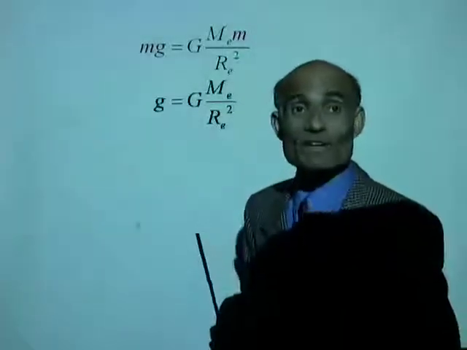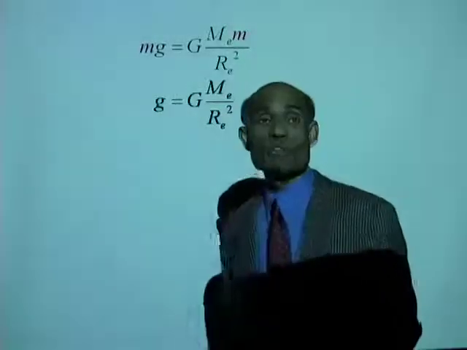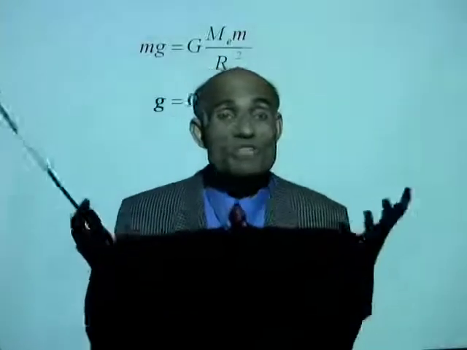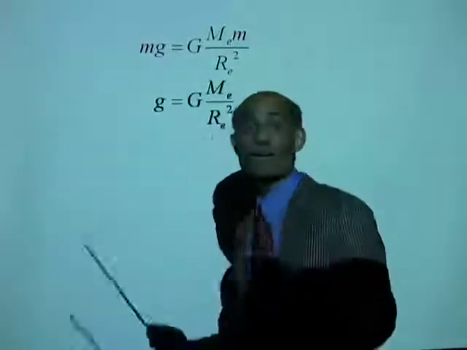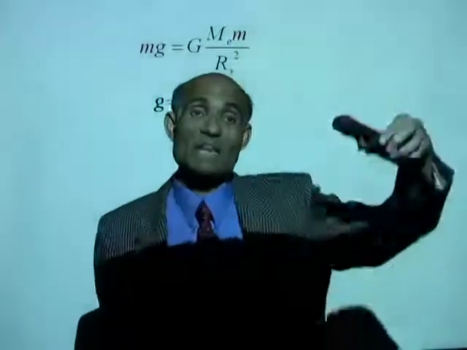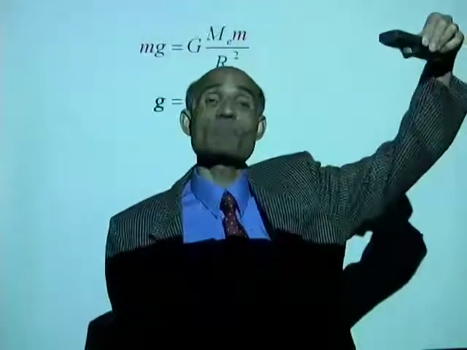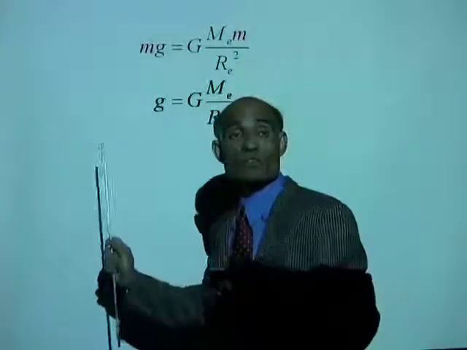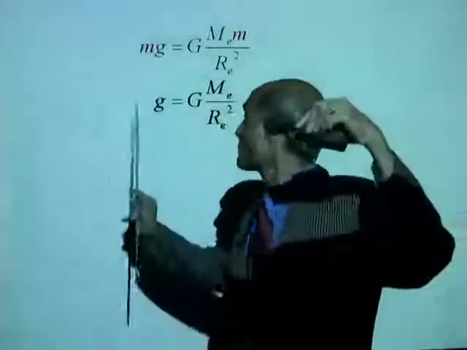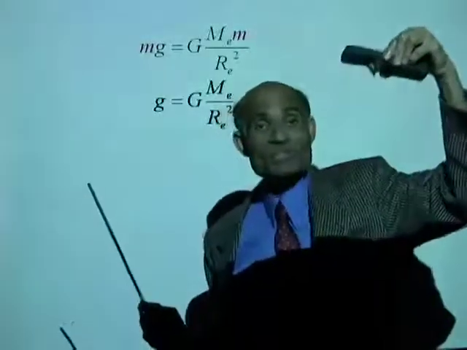That means that the value of acceleration due to gravity is not a constant. It depends on the radius of the Earth. So if I take this object away from the surface of the Earth, the distance is going to increase. That means the value of g is going to decrease.